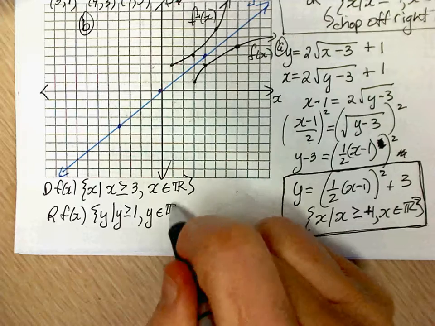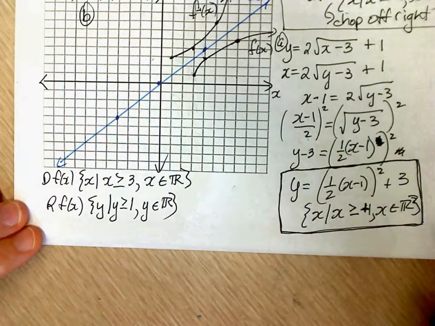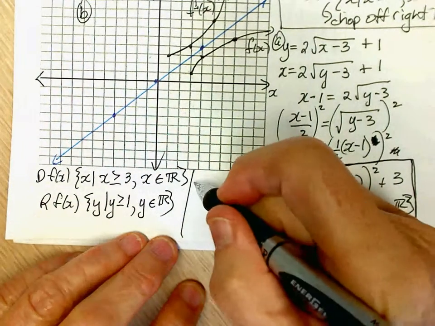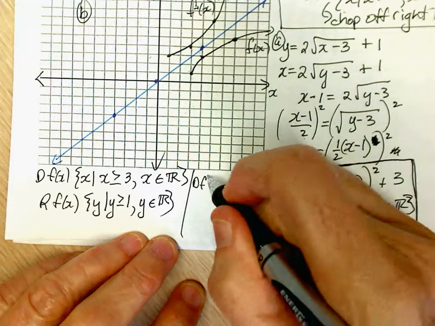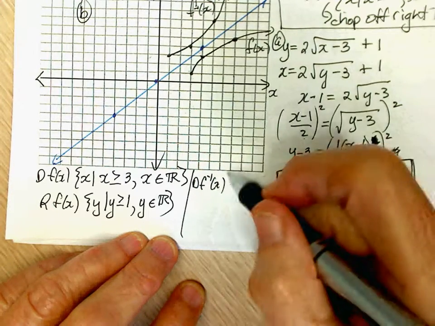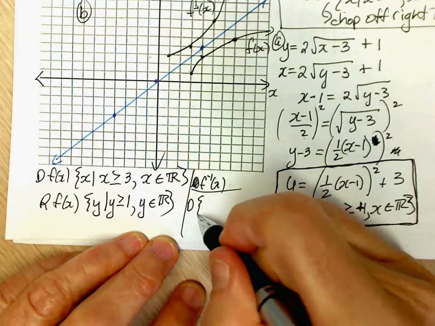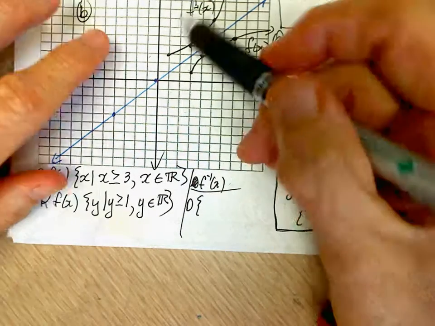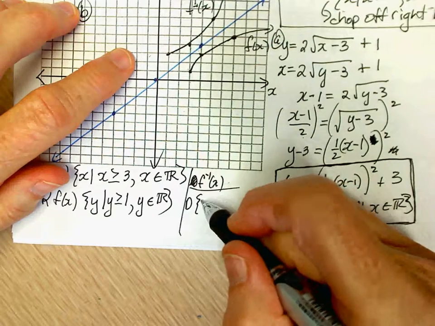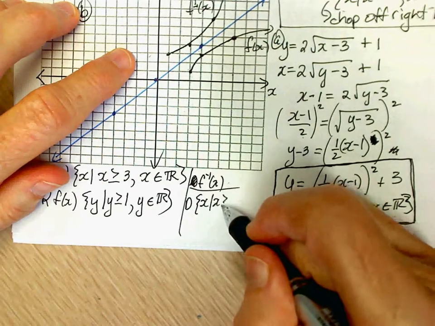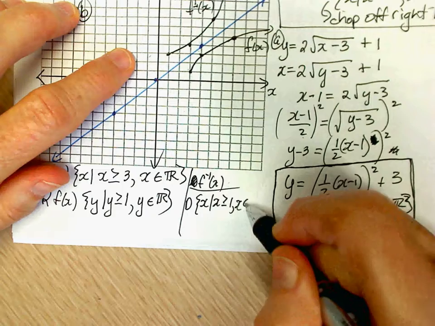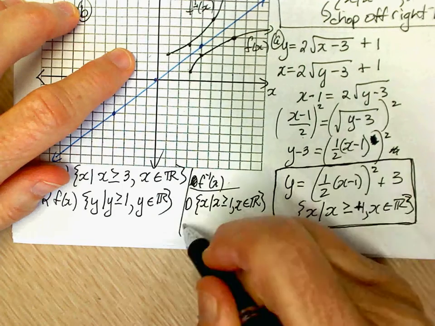Let's do domain of the inverse, right? So let's just write it like that. Domain of our inverse is, well, y is greater than or equal to 1. X is an element of real numbers. Range, right? See how it gets swapped?